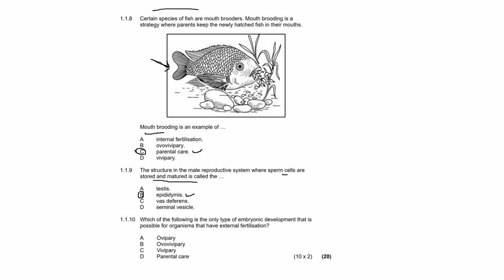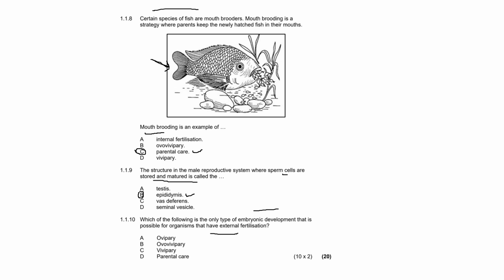Last question: which of the following is the only type of embryonic development that is possible for organisms that have what we call external fertilization? So we've got four options. Which one is the only type possible for organisms that have external fertilization?